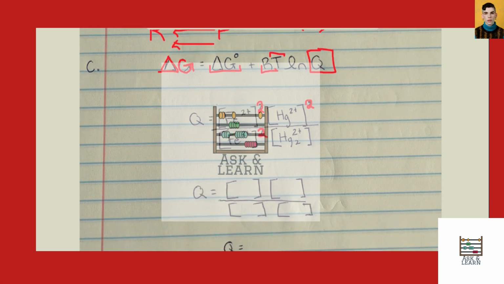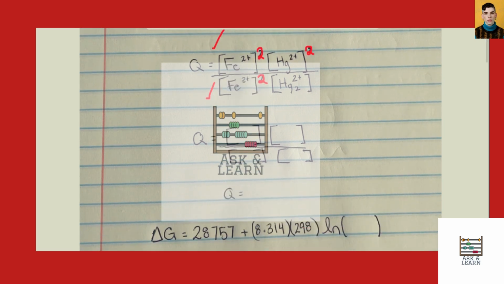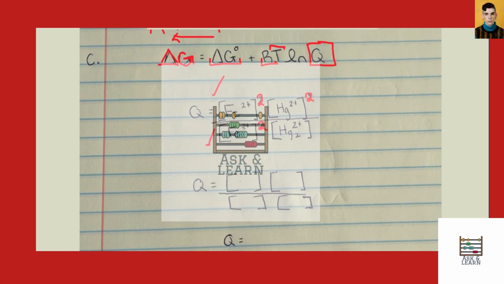Perfect. And then we were given the concentrations for each of these. So we're going to plug those in right here. I set up a little skeleton. So we're told that Fe2 plus is 0.010, Hg2 plus is 0.025, Fe3 plus is 0.20, and Hg2 2 plus is 0.010 again.